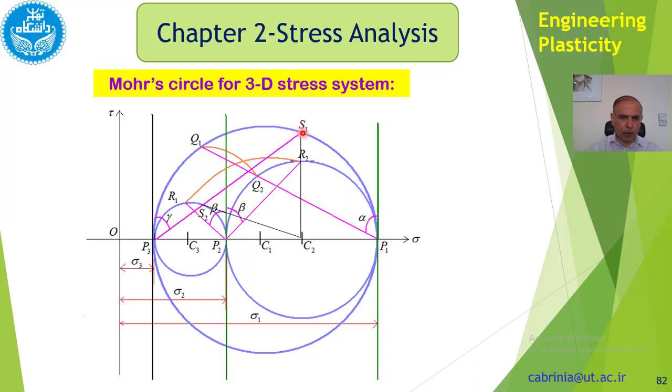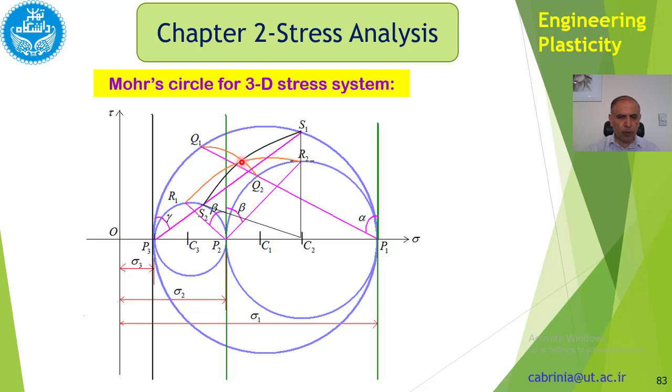If we pass an arc through S1, S2, it should pass through this point. And that's what we do, like that. That's arc S1, S2 going through that point.